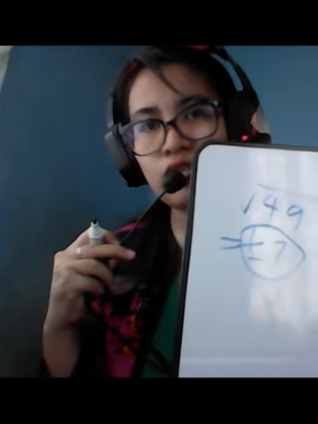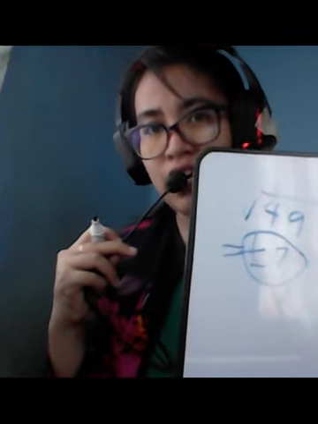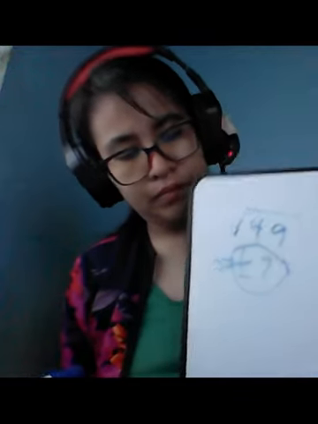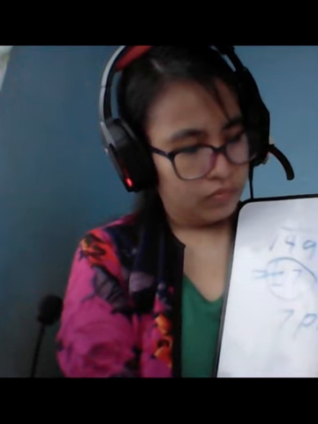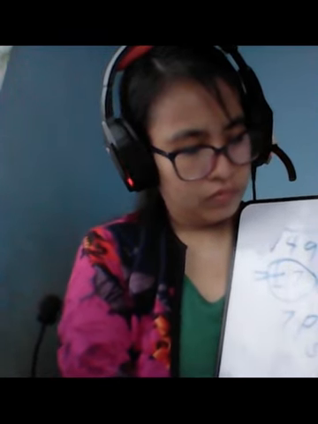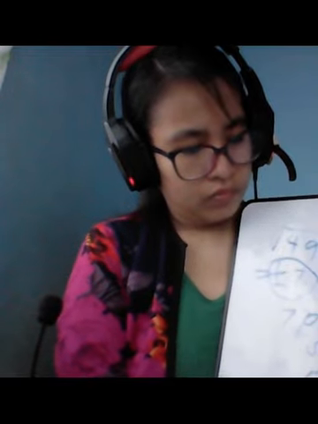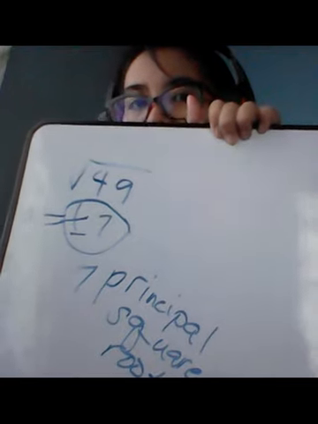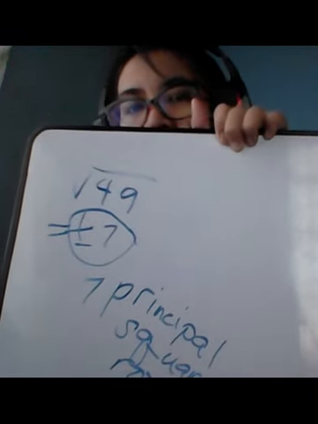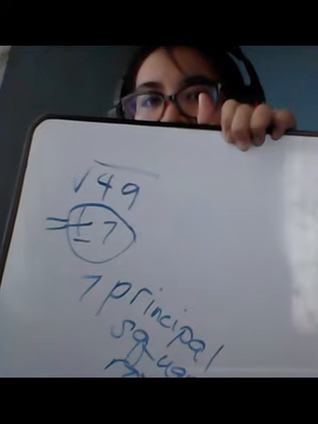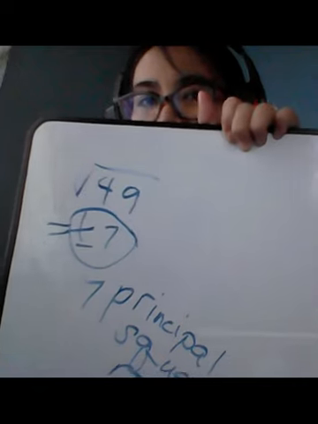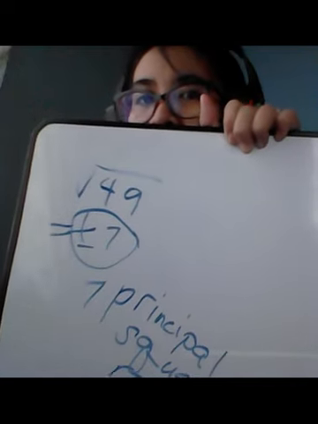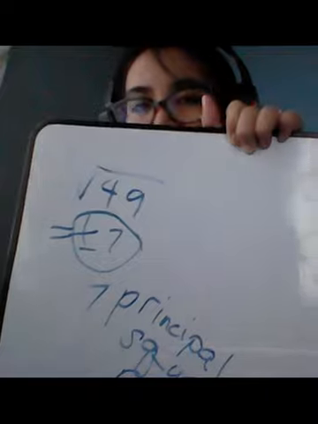So our answer on that example should be just positive 7. So it's different. When we say square root, our answer will always be positive negative 7. But when I say principal square root, the answer will always be positive only.